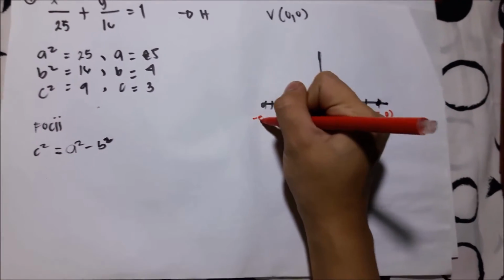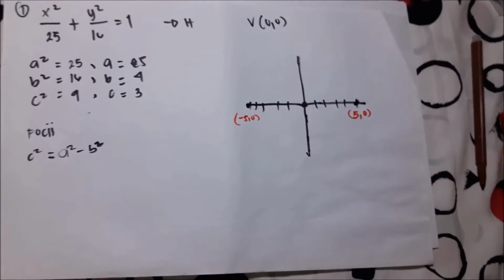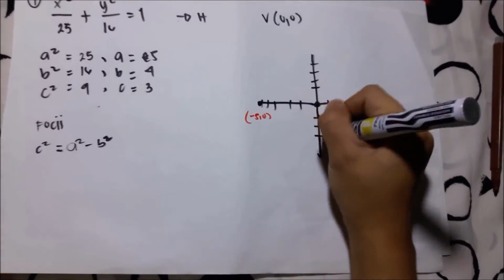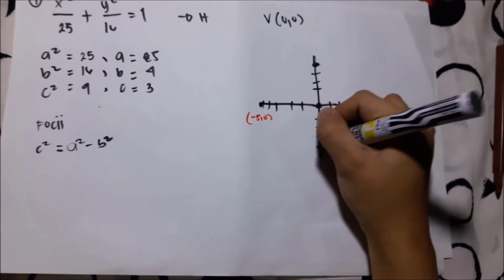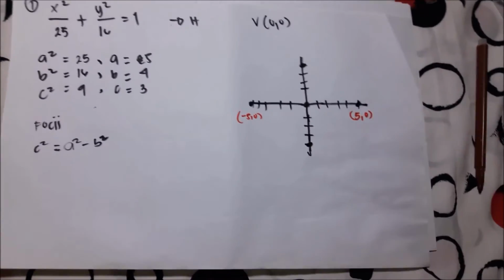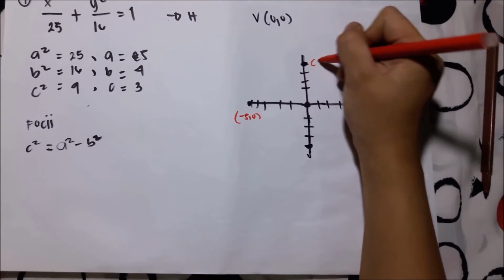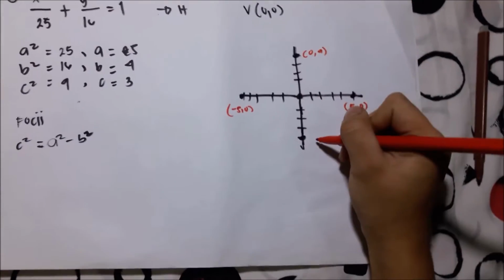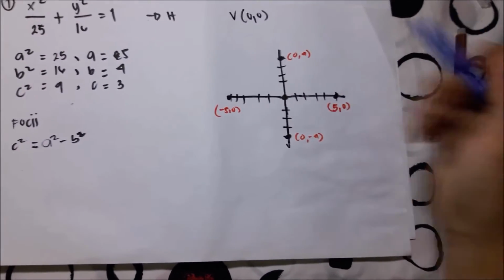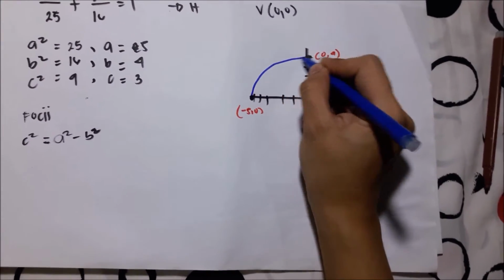Then this one is negative 5, 0. While your b is 4. So let's just add points here. The coordinates for this one are 0, 4, and 0, negative 4. So that's how we draw the graph.